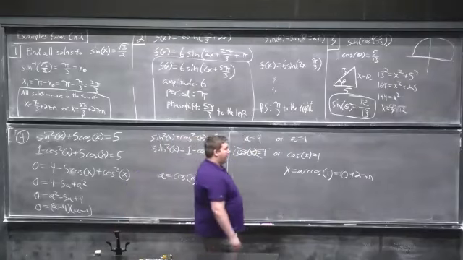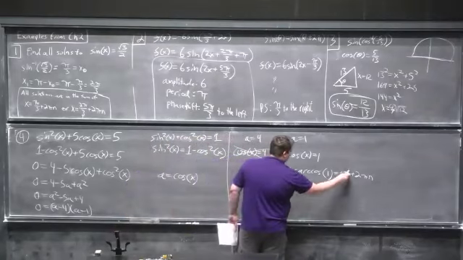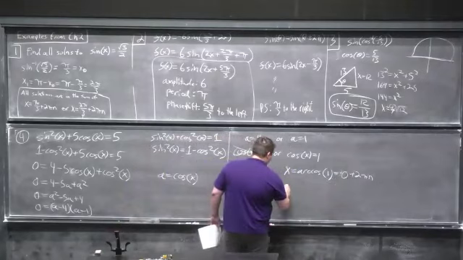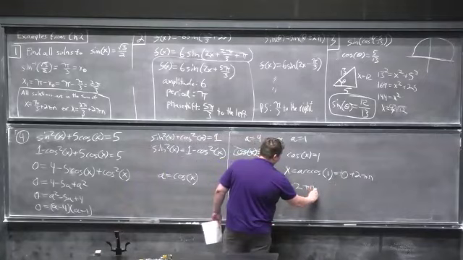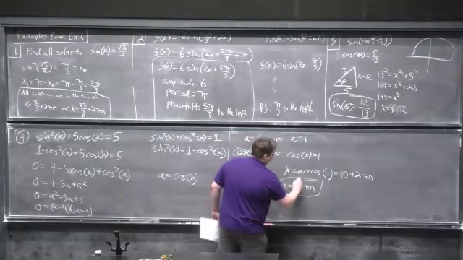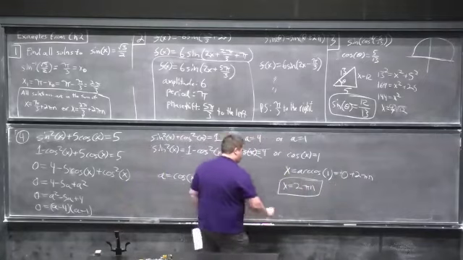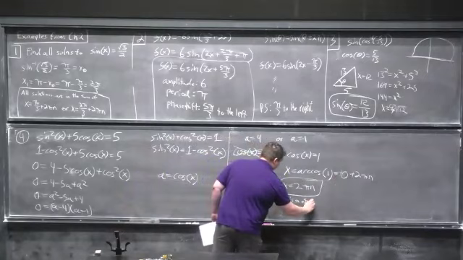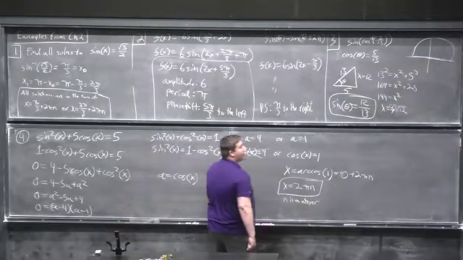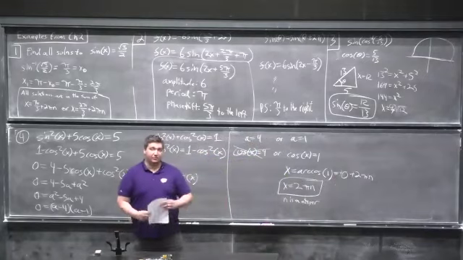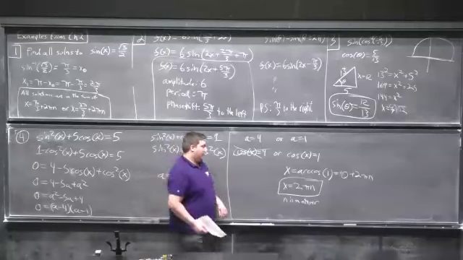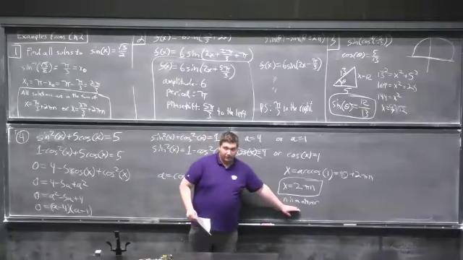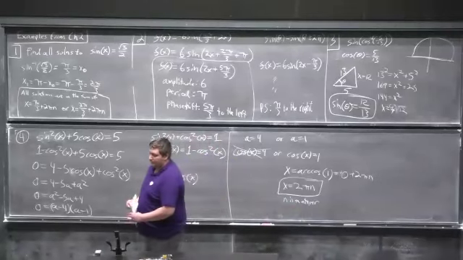So we can then just drop the 0 altogether and say x is equal to 2 pi n. And if you want to include that n is an integer, you very well can. It's implied, but you can include that in your answer and you will not be wrong.